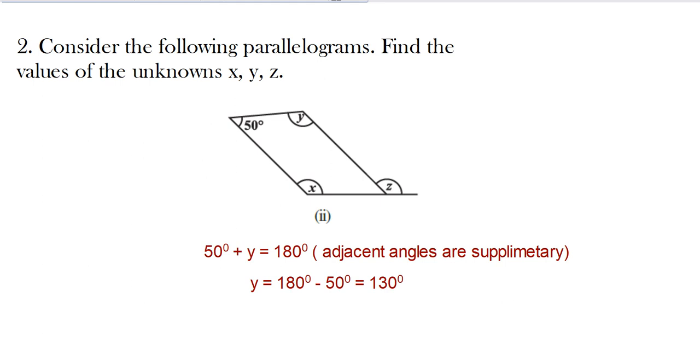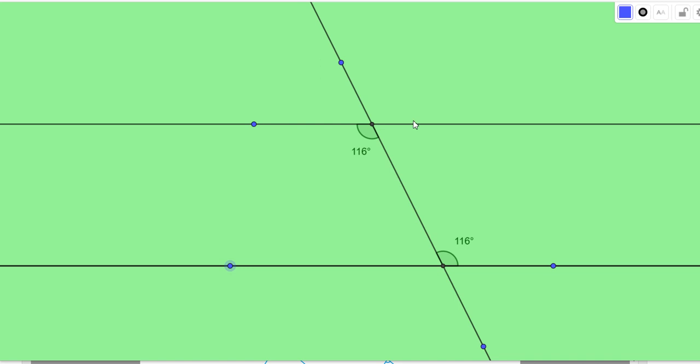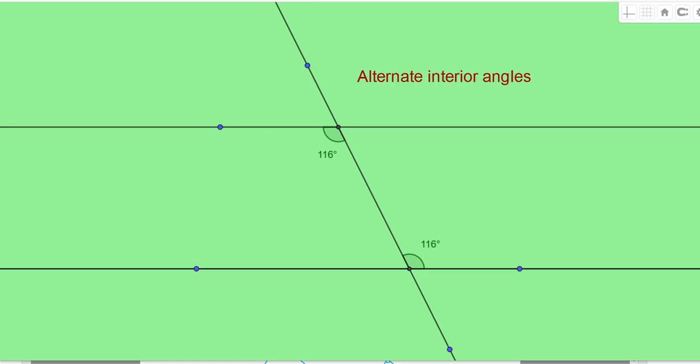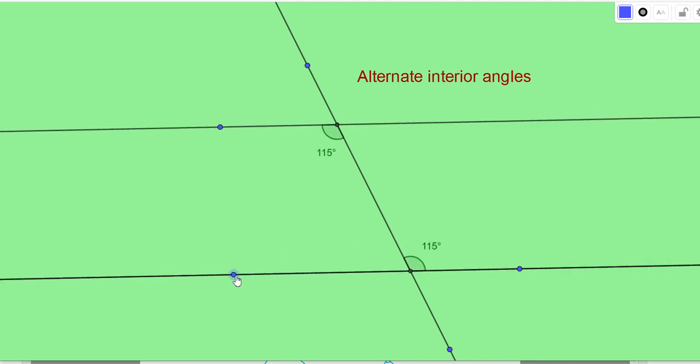Now look at how to get value of Z. You know, when parallel lines are intersected by a transversal, these two angles are always equal. Those angles we can call as alternate interior angles.